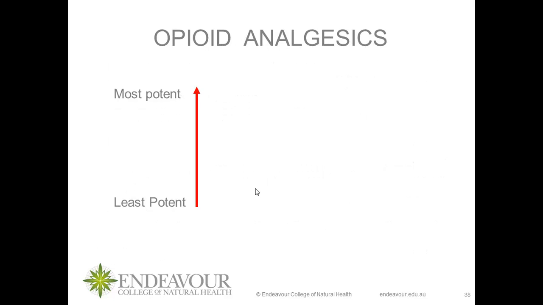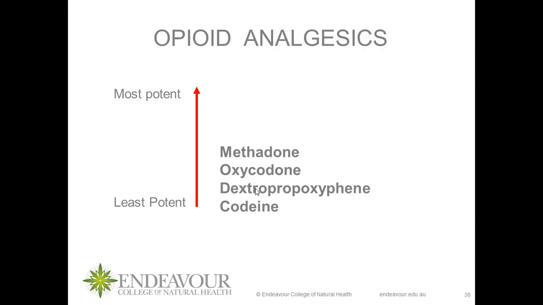The principle with the use of opioids will be to go from the least potent to the most potent in managing a person's pain. So if they are on a Western pharmaceutical, you would see that they had been first put onto a least potent form, perhaps codeine or oxycodone.